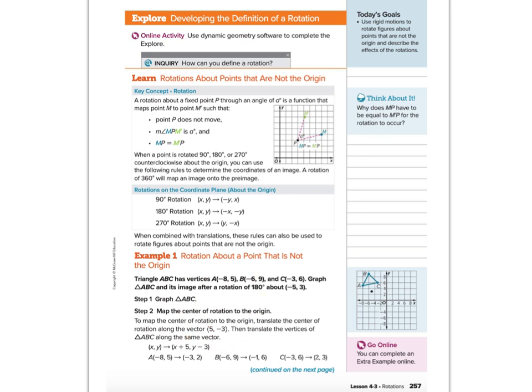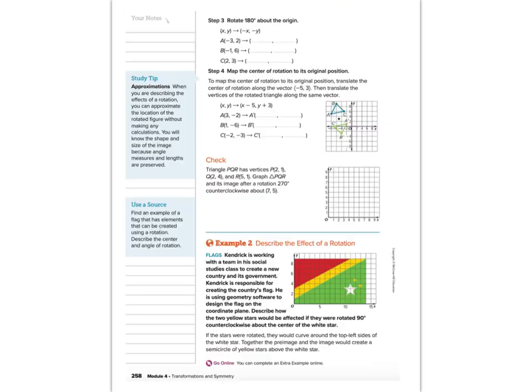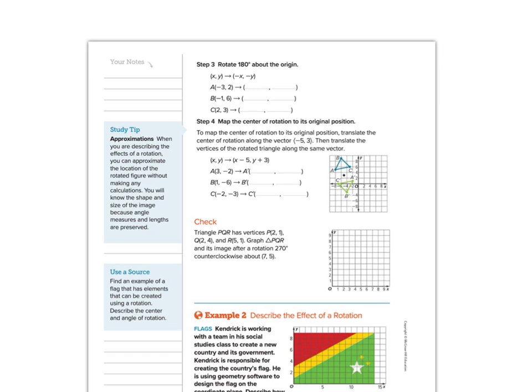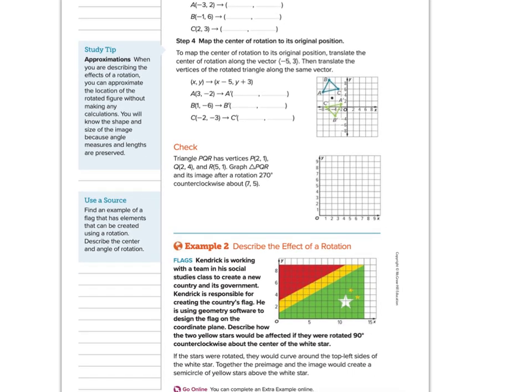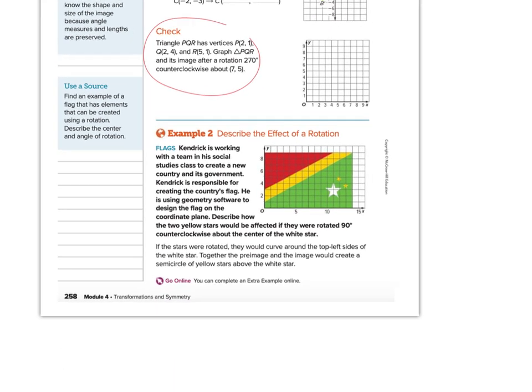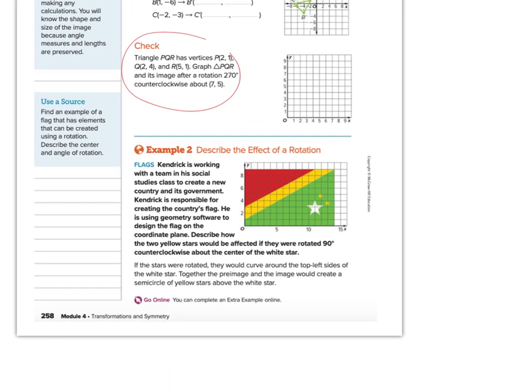But understand that there's a way to accomplish that. It's just a little bit beyond where we need to be for the state of Tennessee in this current class. Let's see here, doing this check. Again, not going to worry too much about beyond the origin. And then see here, describe the rotation effect.